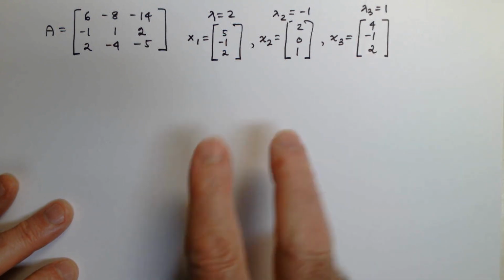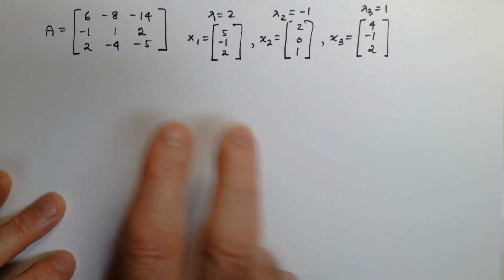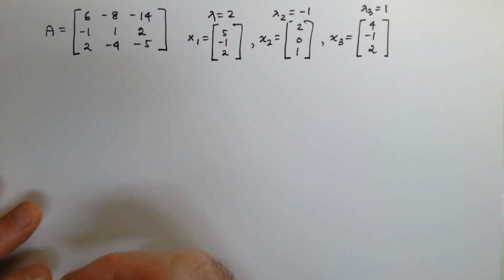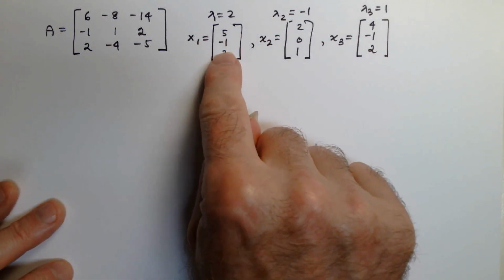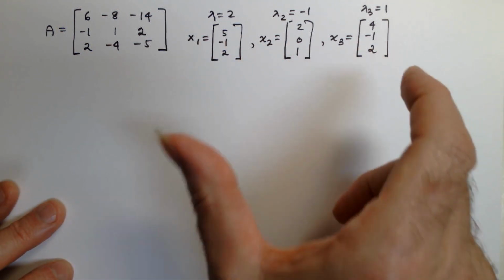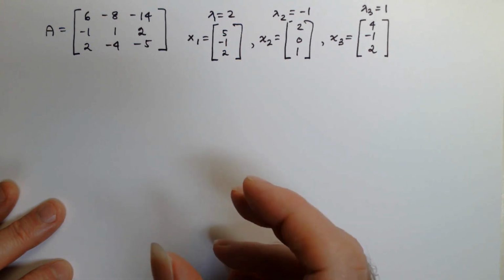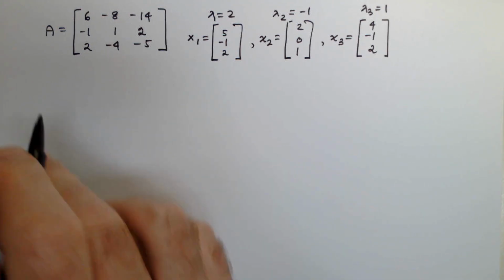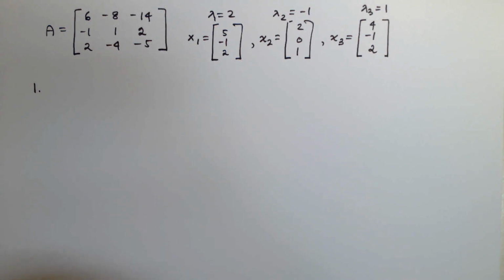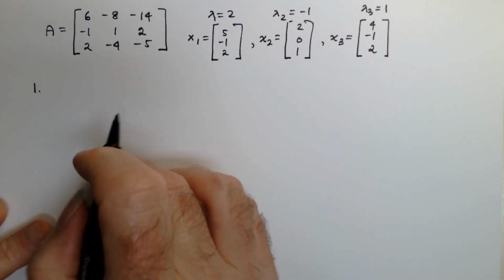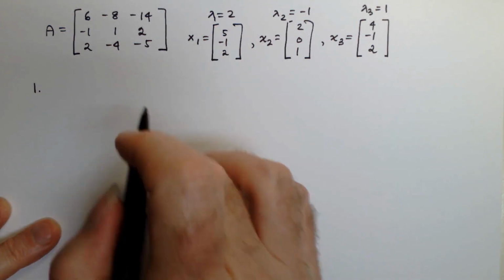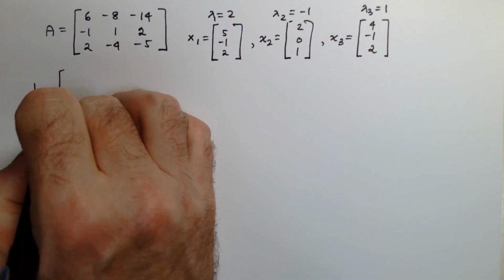Now, we've got two problems to work out here corresponding to this matrix A. Our first task is to show that these eigenvectors collectively form a basis for R3. So that's step 1. And in principle, we know what to do. We're going to simply feed these vectors in as the columns of a 3 by 3 matrix.